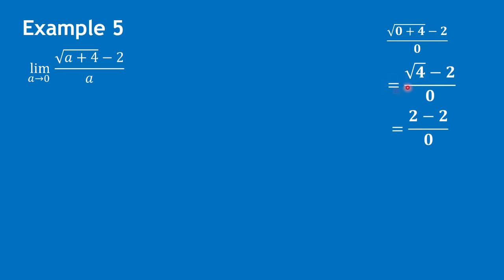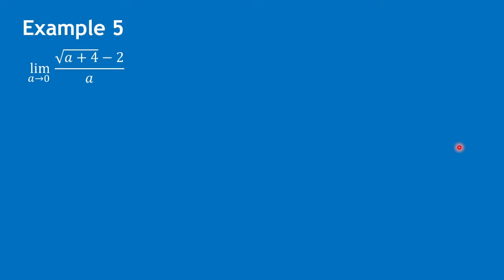So we have square root of 4, and that would be 2 minus 2 over 0. So we have 0 over 0. Let us multiply the square root of a plus 4 plus 2 over the square root of a plus 4 plus 2 to our function to rationalize.